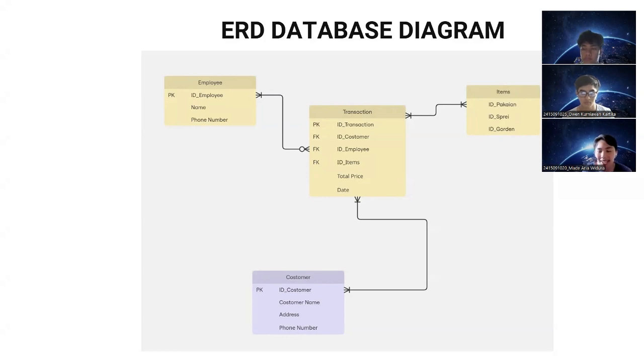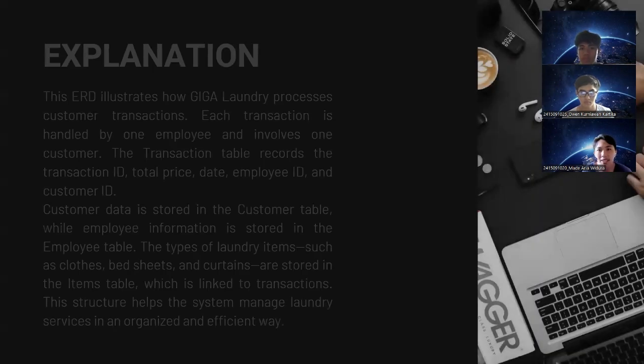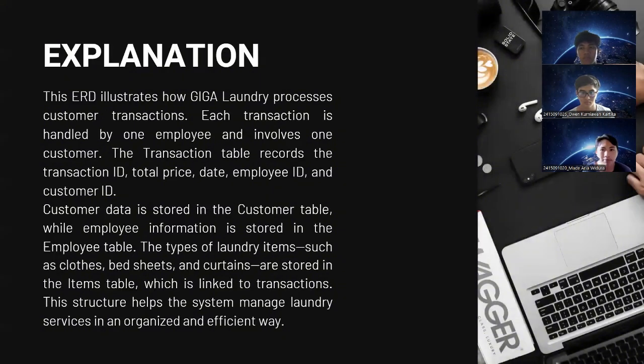Okay, the next explanation. So Giga Laundry processes customer transactions. Each transaction is handled by one employee and involves one customer. The transaction table records the transaction ID, total price, date, employee ID, and customer ID.